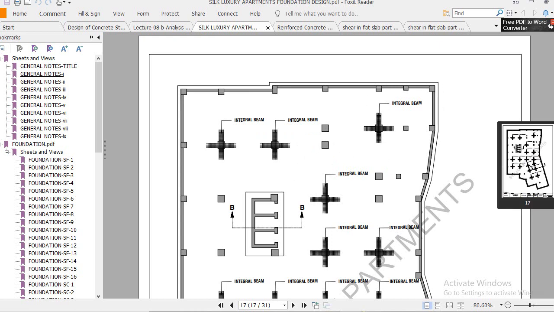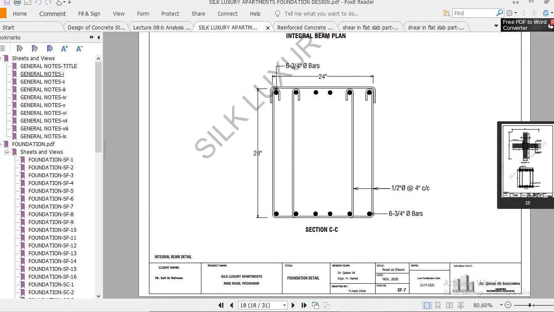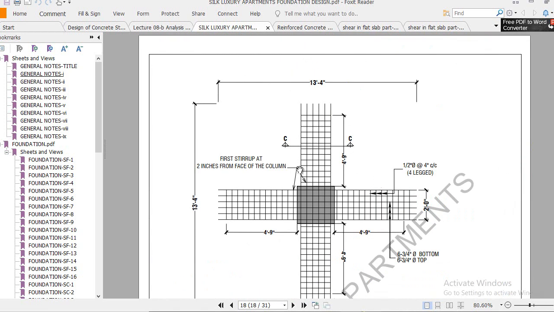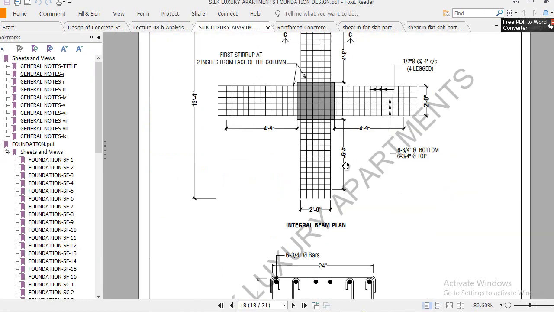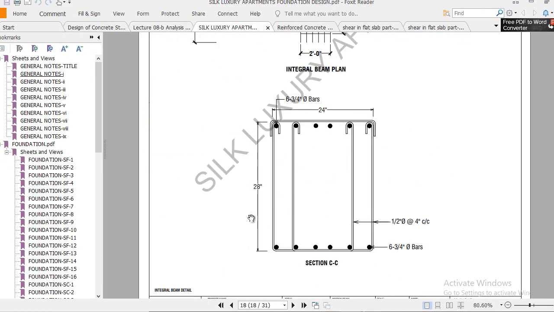For example, if you see the thickness of this mat, this is basically the integral beam which they designed, and I thoroughly explained this in that lecture, in those videos. So please go there and watch those videos. And you see that the depth of this integral beam is around about 28 inches.